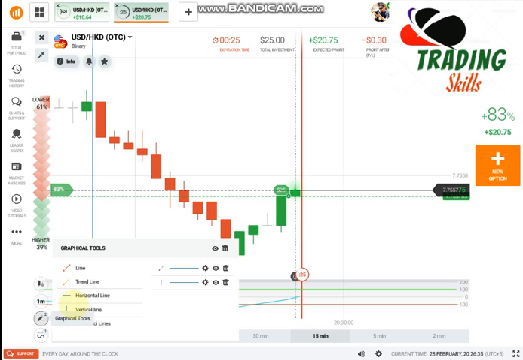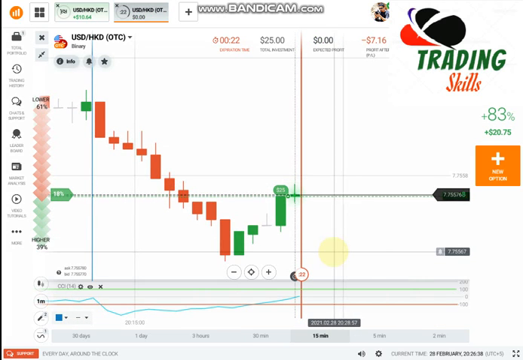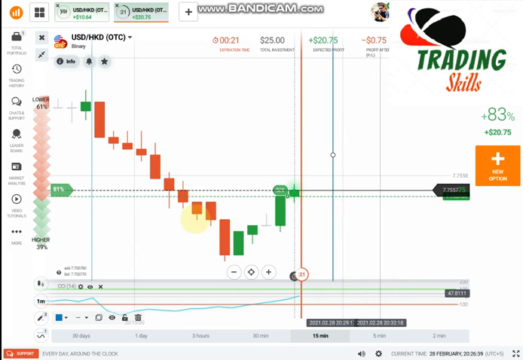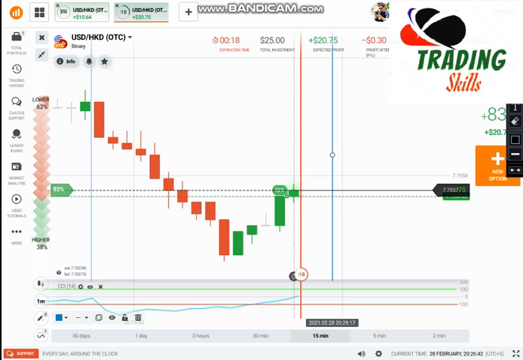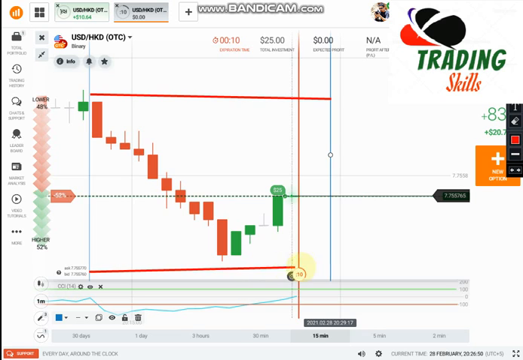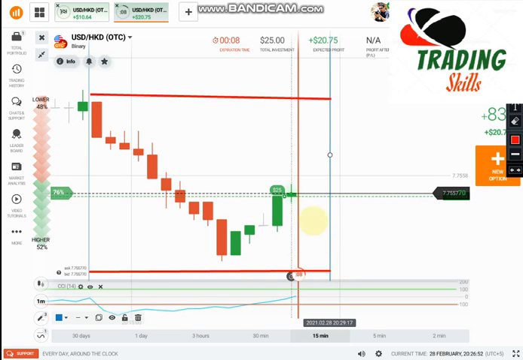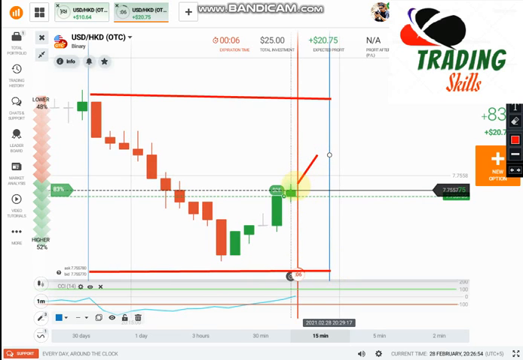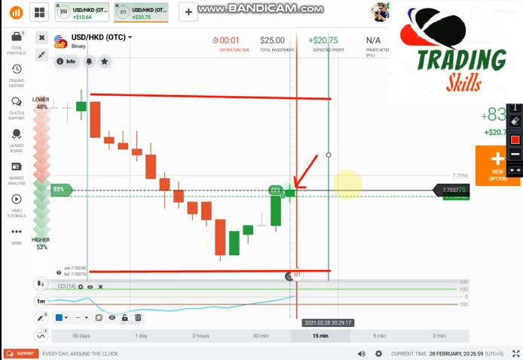Okay, so now you can see. Okay, so I'm only focusing on these two lines, and this area is my targeted area. So now you can see buyers are getting weaker here, they are showing their weakness.